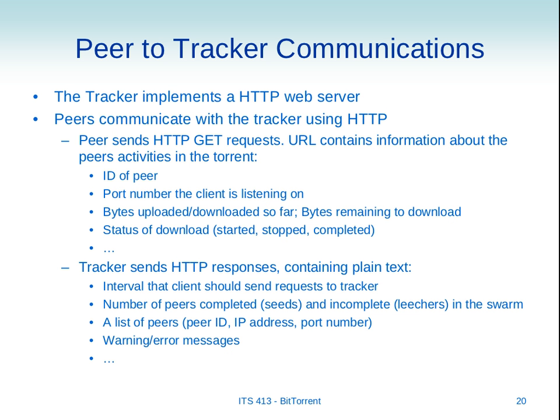There are many options available. That's the request sent from the peer to the tracker. What does it contain? The URL contains information about the peer activities. So the identity of the peer, the port number used by the peer. So this uses a port number for others to contact via.